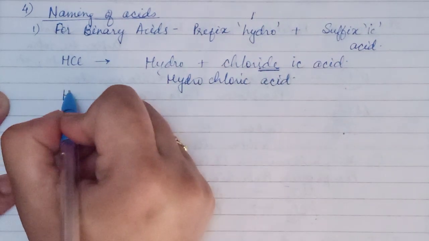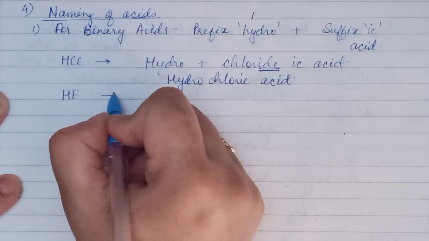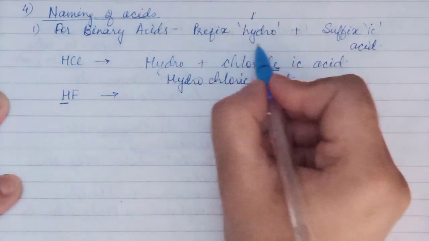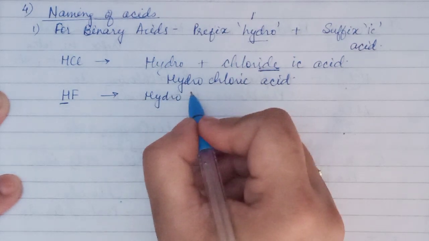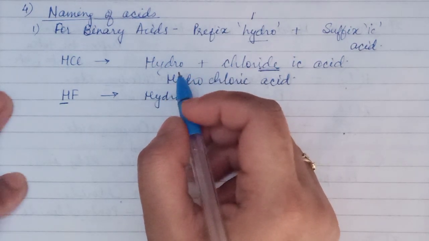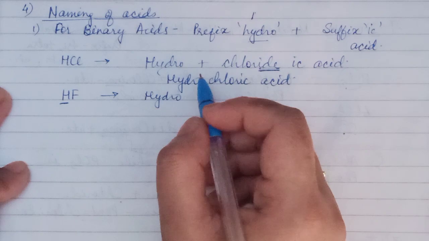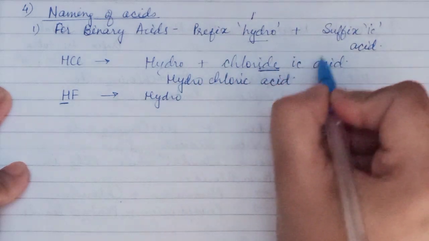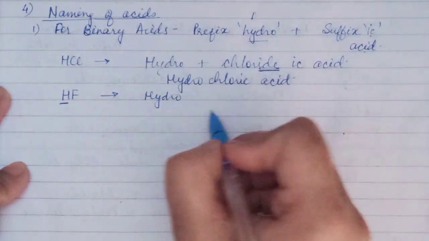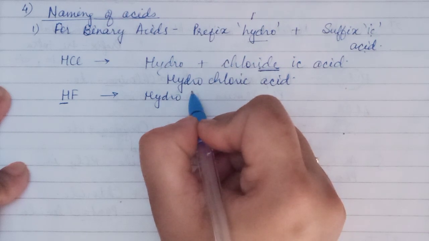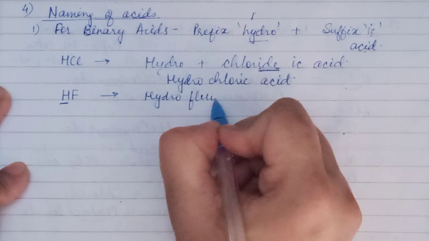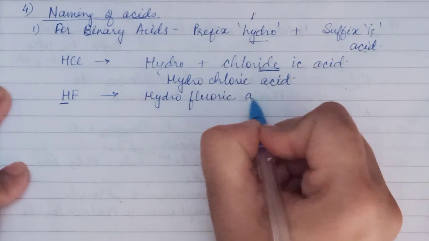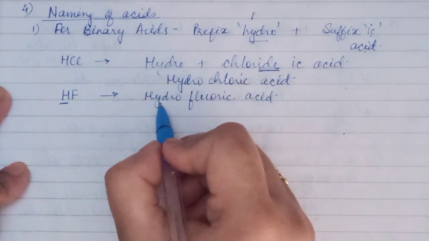One more example is HF. Again, for H you will use hydro. Now F is for fluorine. Fluorine will end with ic acid, so it will be fluoric acid.